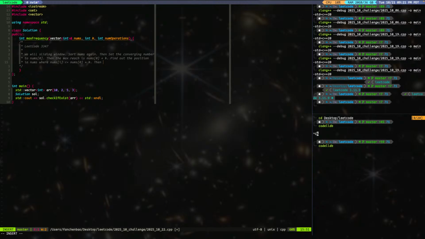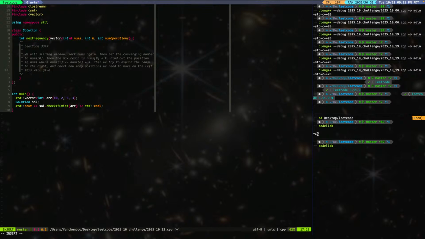Then we try to expand the range to the right, and check how many positions we need to move on the left.